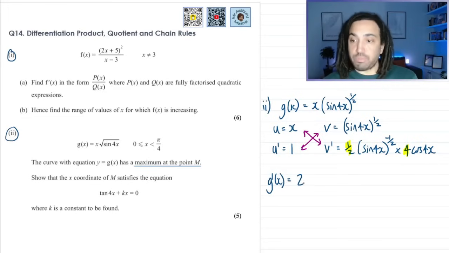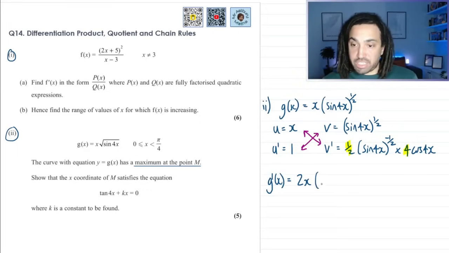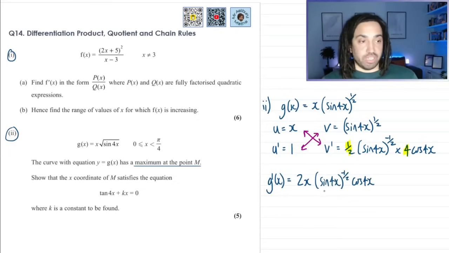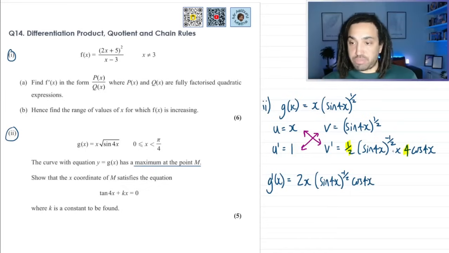So it's 2, and then there's an x, which comes from here, and then there's the (sin 4x)^(−1/2), and then there's the cos 4x. Right, that was a bit funky the way I did that, but hopefully that makes sense. Times the 2, then times the x, then times the 2 trig functions.